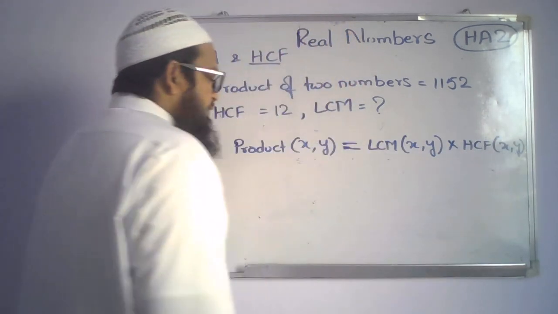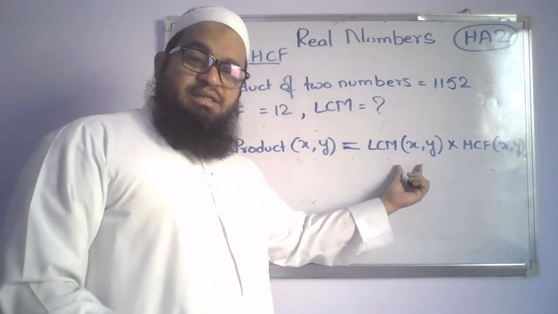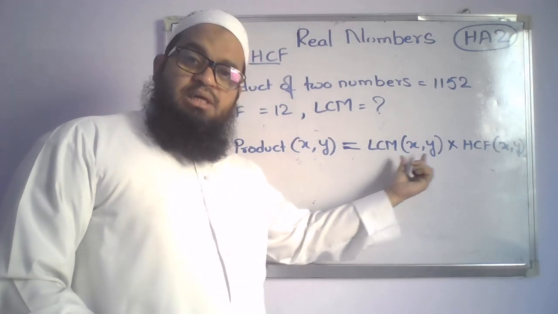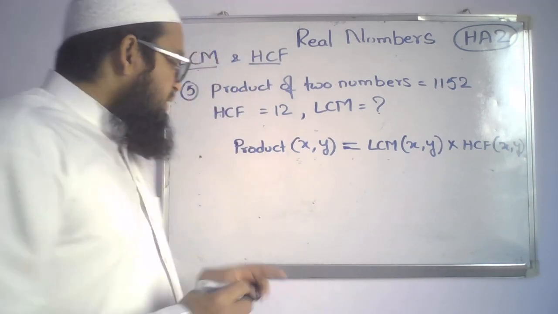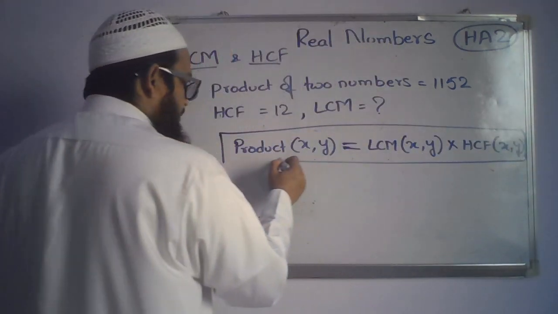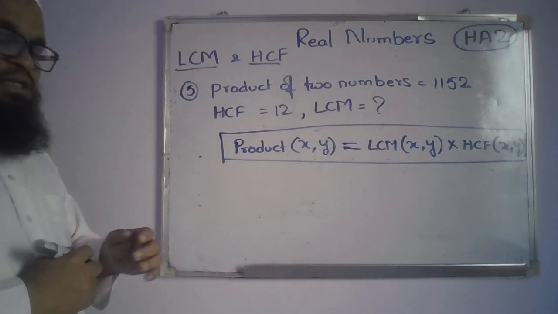So if you take any two numbers and multiply, it is equal to the product of the LCM and the HCF of the two numbers. Understood, my dear students? This is an important concept, and problems related to this will come in the examination. So let us use it now.